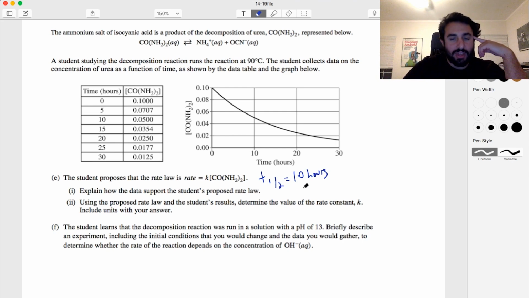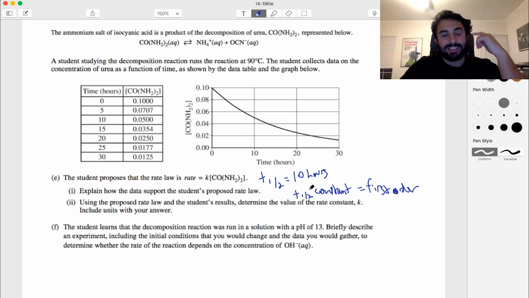And we know that if the half-life is constant, then it is first order. That's something we know about a first order reaction, that it will have a constant half-life. And so that makes sense, because this rate law is outlining a first order relationship, right? Because we have urea concentration and it is not raised to an exponent here. And that makes sense, by the way, because this is a decomposition reaction. So only the concentration of the lone reactant should be a factor.